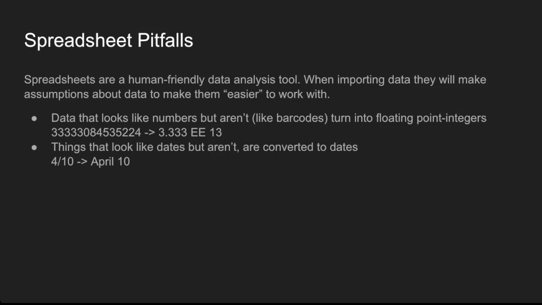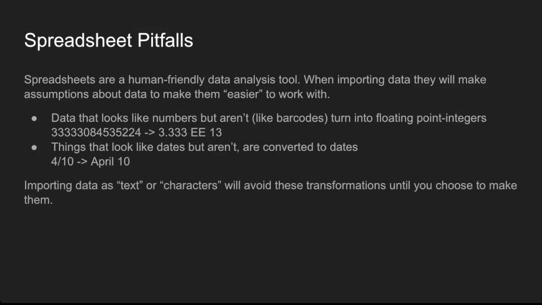That's a month and that's a day. So 1 out of 10, January 10th. 4 out of 10, April 10th. And it will transform that data right in front of your eyes because it's trying to be helpful. And dates are hard to work with. So it's being like, hey, I got this for you. I'm going to change this into a date.